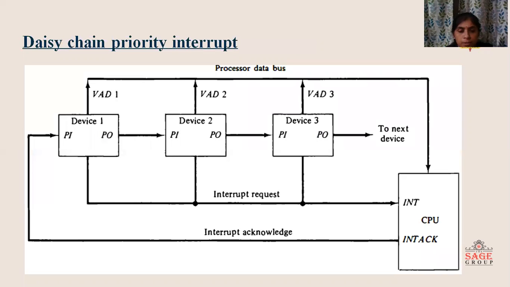Suppose device 2 wants to connect with this CPU, or is required to transfer the data, then it sends the interrupt request towards the CPU.